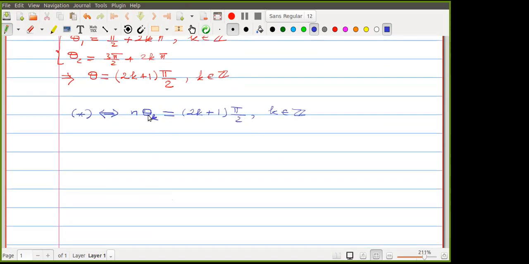What we want is x, but x is hidden here. But before that, we divide.